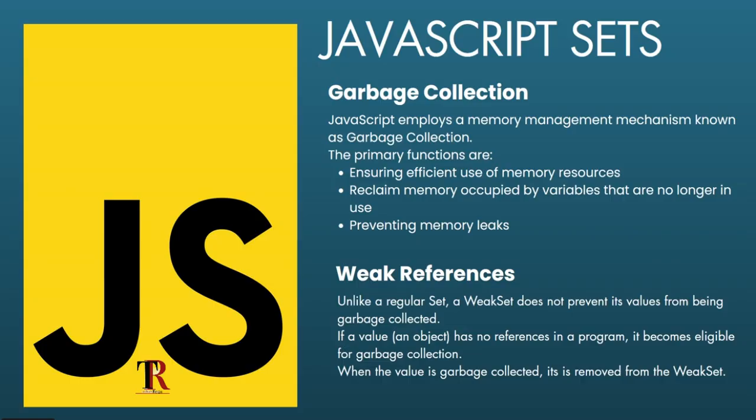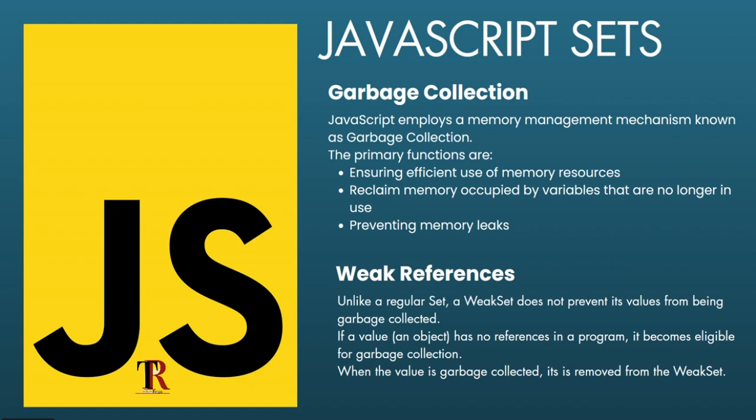Now, weak references. Unlike a regular set, a WeakSet does not prevent its values from being garbage collected. We talked about sets in the earlier lesson. Then we talked about the WeakSet, and the fact that its reference to an object is always weak, which means the object can be removed from memory if it is no longer in use.